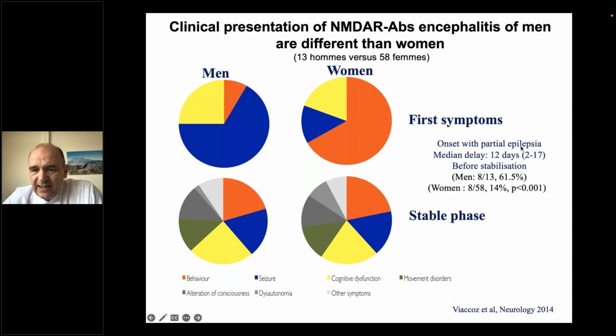The median delay between the first symptoms, the partial seizures, and the development of behavioral abnormalities is 12 days, but it could be longer in some patients.